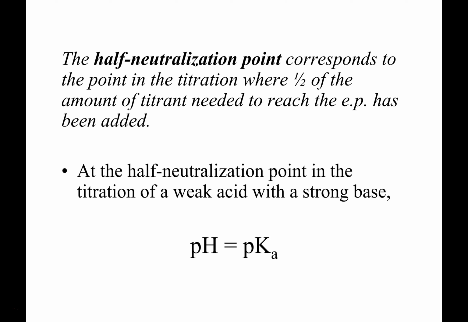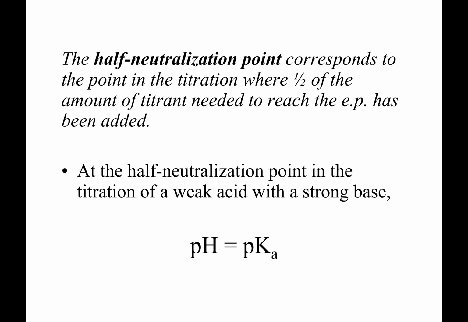If I take the ratio of the moles of base to the moles of acid, they're actually going to be the same. 1/2 divided by 1/2 is 1. So in my Henderson-Hasselbalch equation, this ratio becomes 1, and the log of 1 is 0.